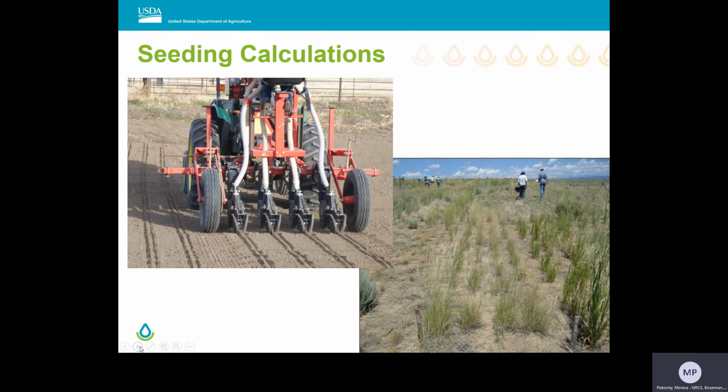What you're going to calculate really depends on how much information is available and the complexity of the seeding mix, the species that are selected, and the severity of the site disturbance. You might also make adjustments based on the pure live seed versus bulk seed, and if any seed carriers are being used.